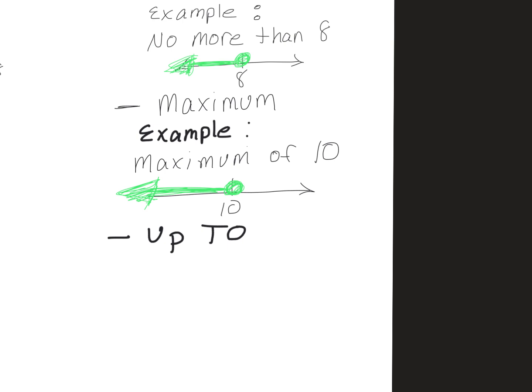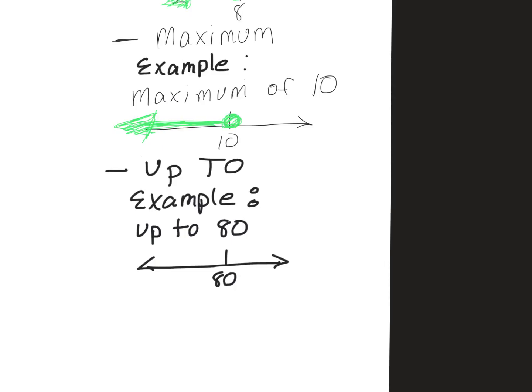Another word that means the same thing as maximum is the term up to. So in this case, it can be 80, but that is the highest it can go. Up to means can't be greater than 80, but it can be values that are smaller than 80.